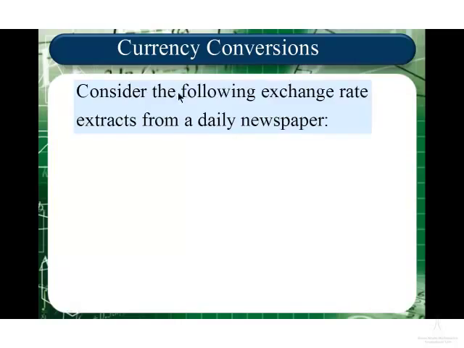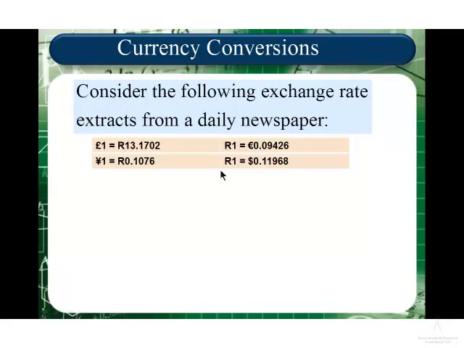We will now consider a number of examples of currency conversions. Consider the following exchange rate extracts from a daily newspaper. We have the ratios as indicated on the screen between the British pound and the rand, Japanese yen and the rand, and then there's also an expression of 1 rand in terms of the euro and 1 rand in terms of the US dollar as indicated on the screen.